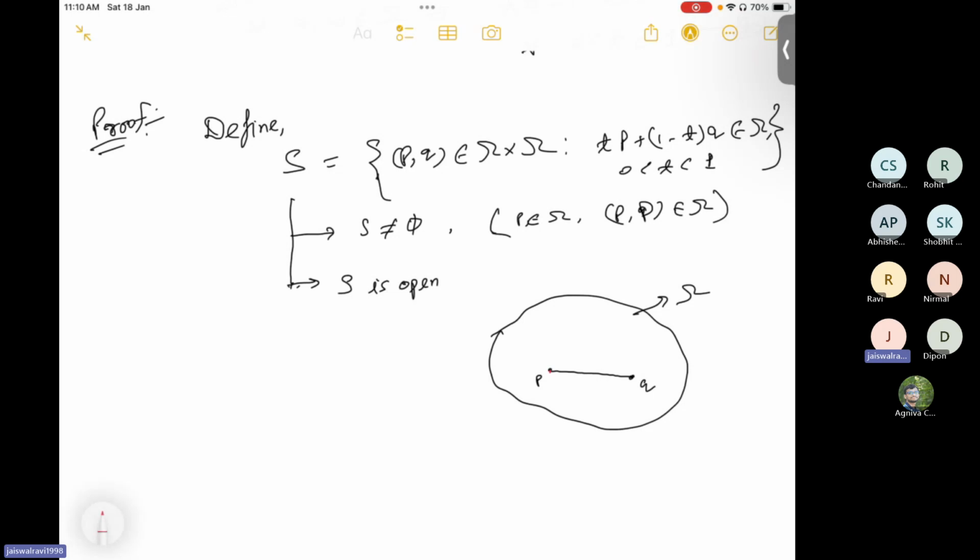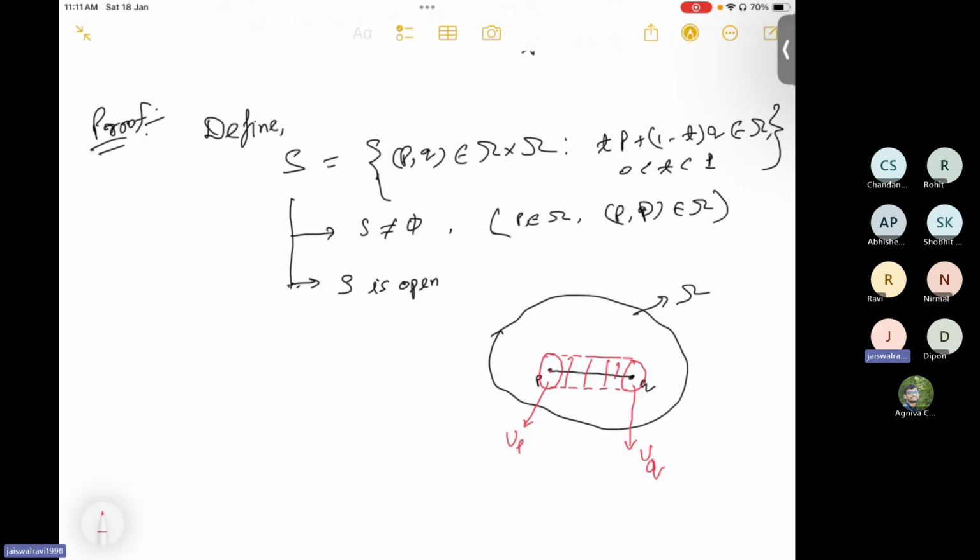And since this line is compact in omega, we can find a cylindrical neighborhood inside omega, something like this. Say this is some U p and this is some U q, and this cylindrical neighborhood will lie inside omega because of the compactness of this line.